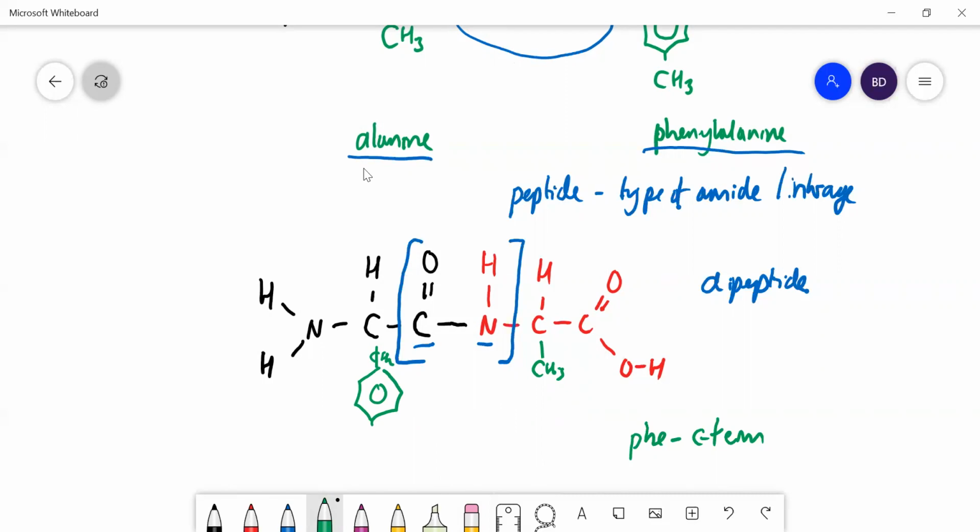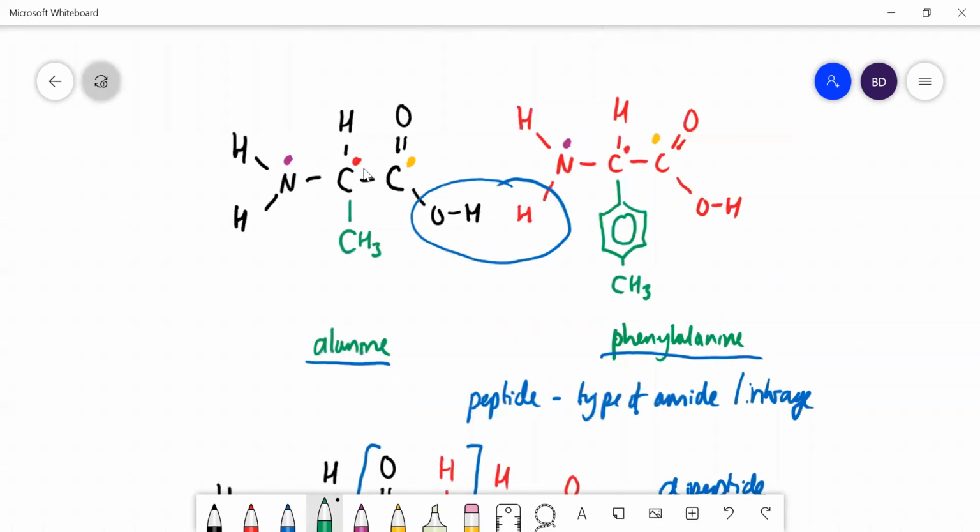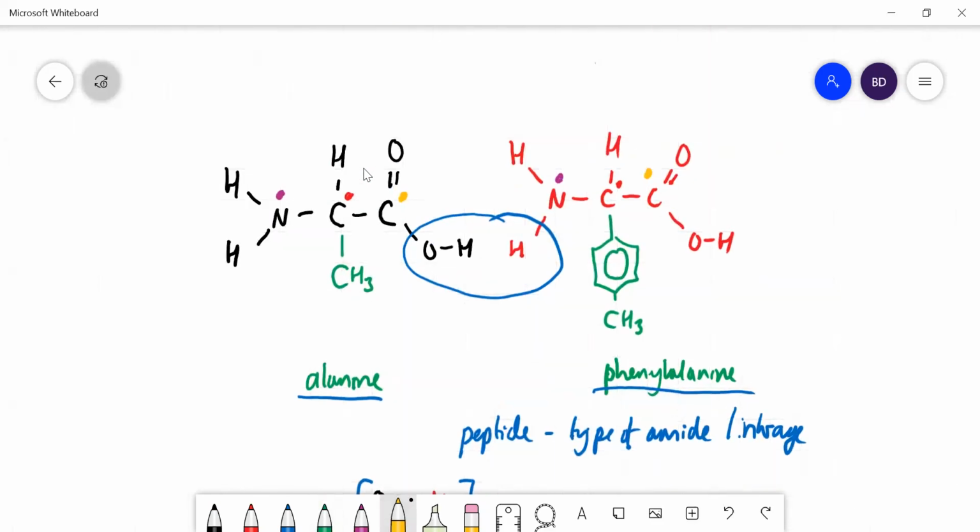So I would get used to drawing dipeptides, and they actually say in the specification they might ask you to draw a tripeptide. And when you do that, the best thing to do is to draw your amino acids like I've drawn them up here. So I would put the C-terminal, the C bit, on the right, the alpha carbon in the middle, and the N-terminal on the left.